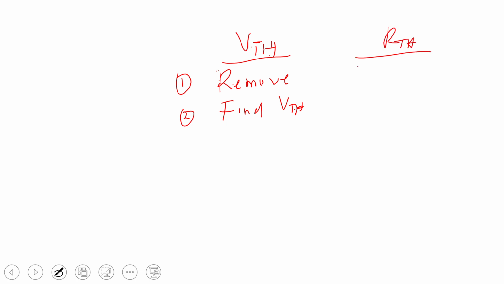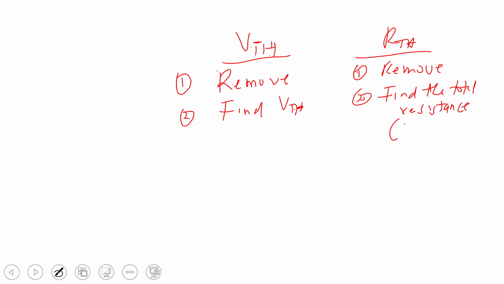Number one, I'll remove the element. Then when I remove the element, I will find the total resistance. But don't forget that before I find this total resistance, I will remove all sources.